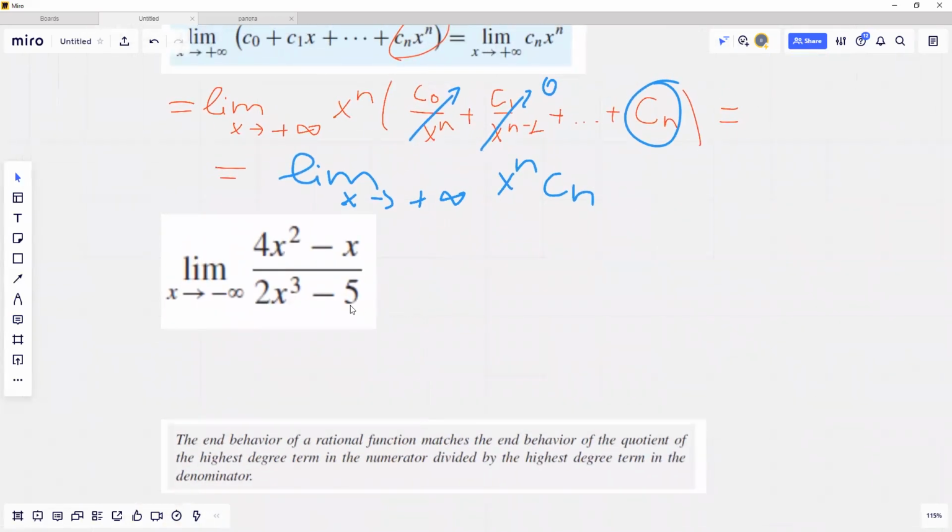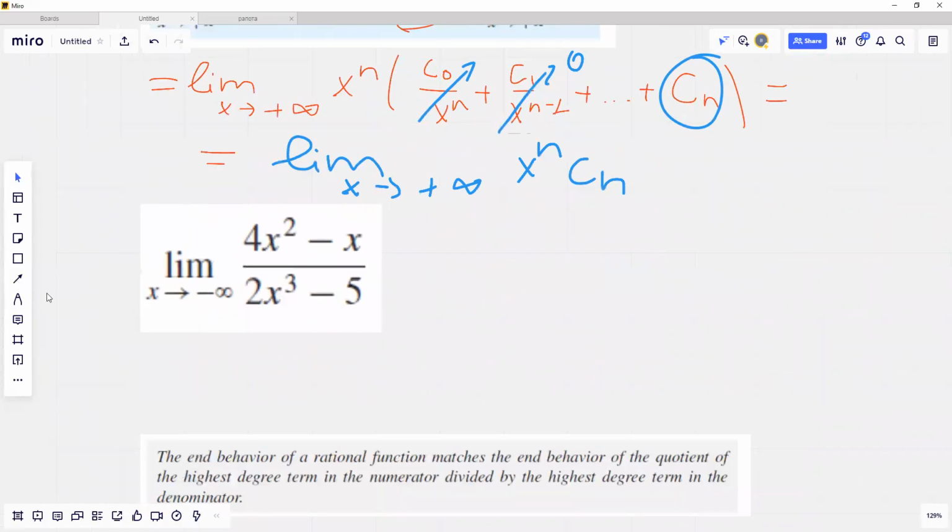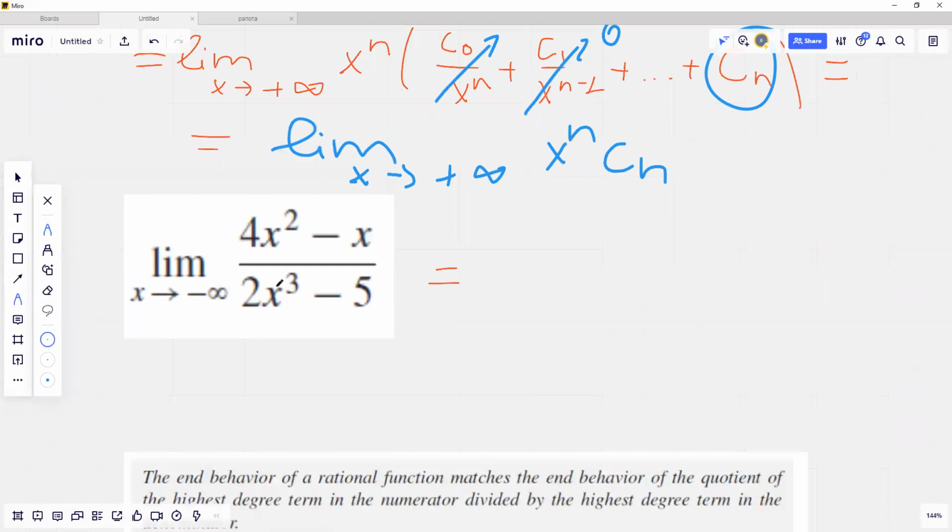All right, let's take a look at the following rational function here. Let's try to solve that limit. We cannot use limit laws for the ratio of two functions right away here, since the function in the numerator doesn't have a limit as x goes to minus infinity, and the same for the function in the denominator.